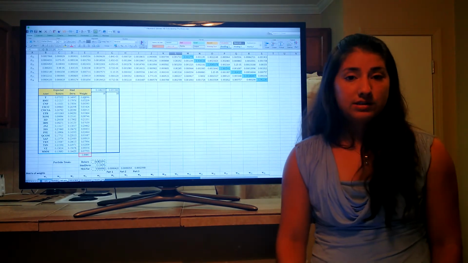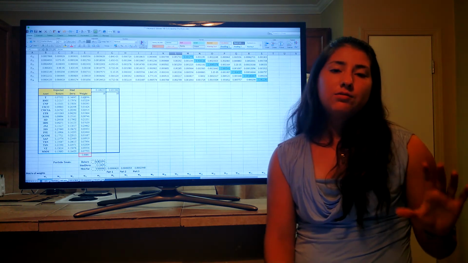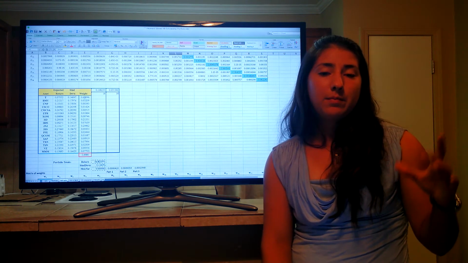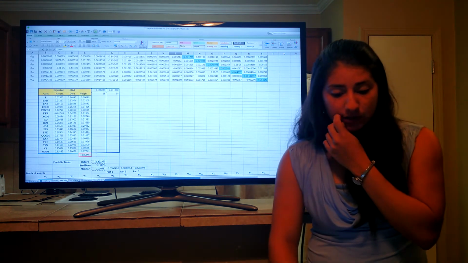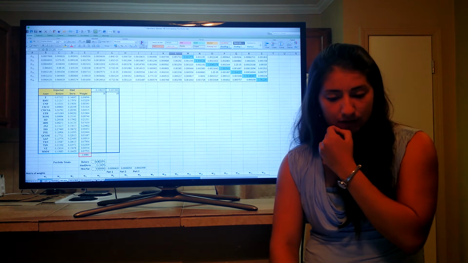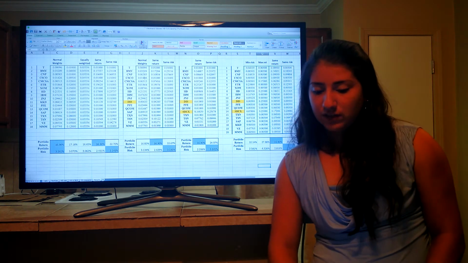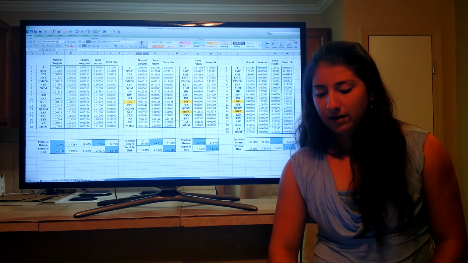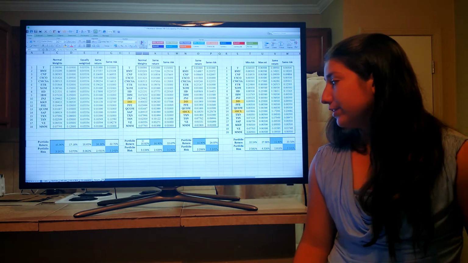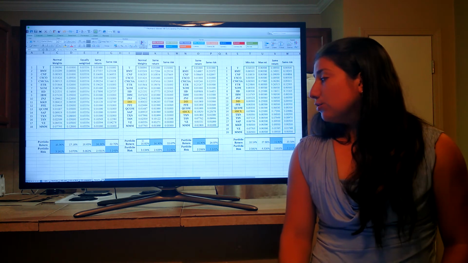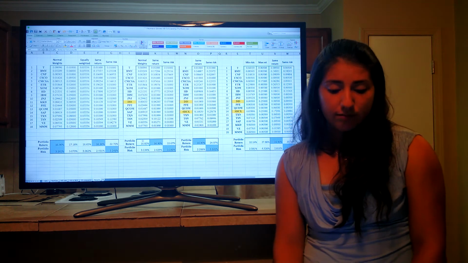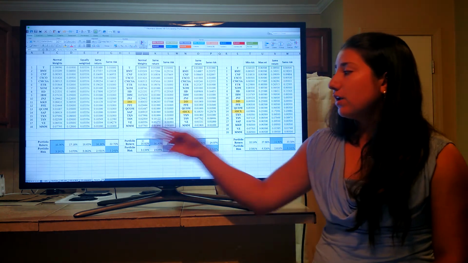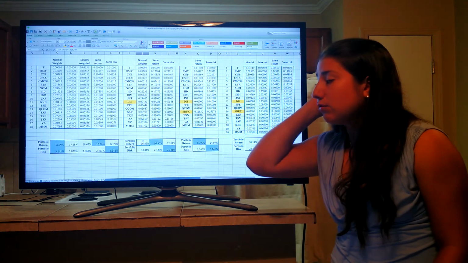First I did it with the same weights, assuming that you were going to put the same amount of money in Disney as you did in Krispy Kreme. With Disney, with the normal weights, we had a portfolio return of 16.82% and a portfolio risk of 3.13%, and these are both lower than having Krispy Kreme.